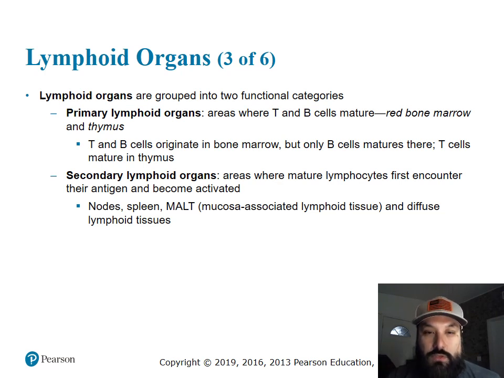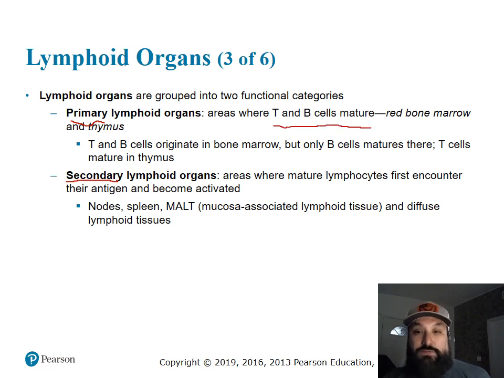Okay. So we basically classify lymphoid organs into two places: you're either a primary lymphoid organ or a secondary lymphoid organ. If you're a primary lymphoid organ, this is a place where you mature your B and T lymphocytes, and the primary lymphoid organs are your red bone marrow and your thymus.